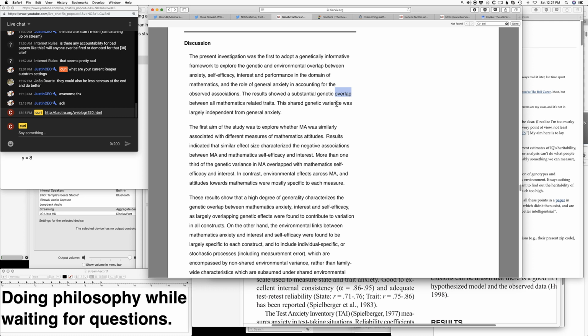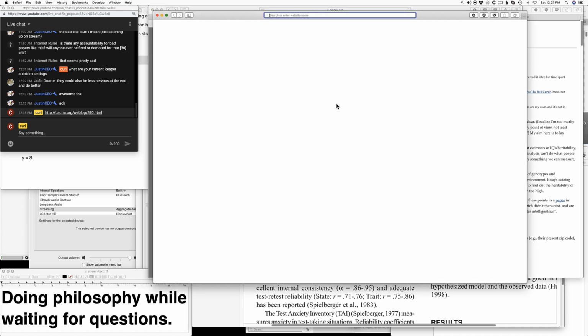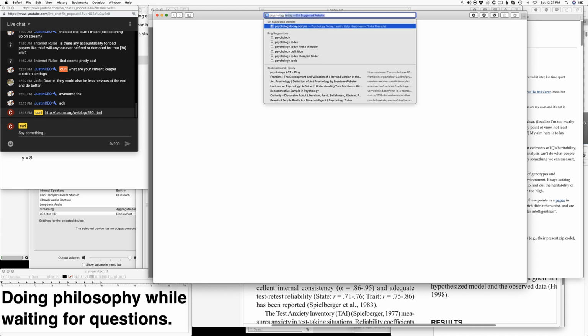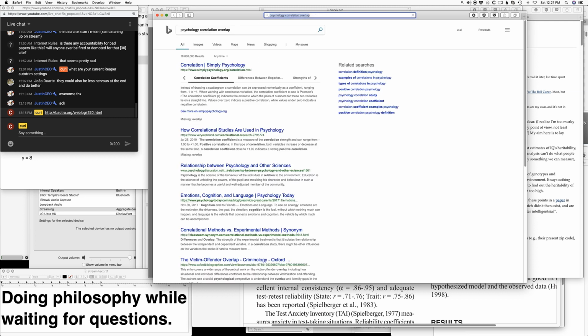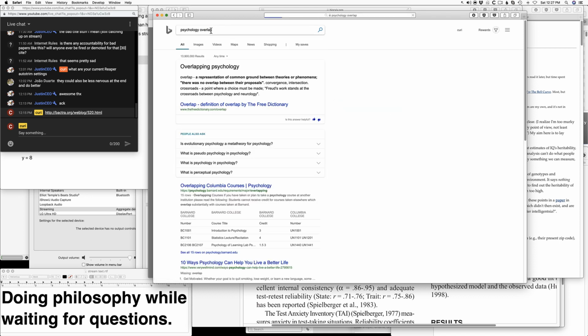You can't just look up what the technical term means because it's not a standard term. I don't even know how to look this up.